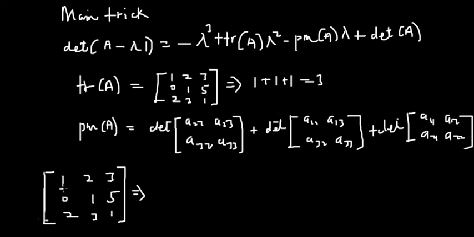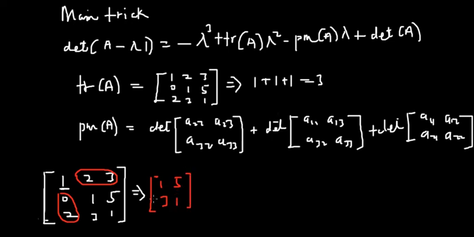So let's take 1 for example. When you take 1 as your reference point, anything below and beside 1 isn't included. So this is not included, this is also not included. That's taking 1 as a reference. So we have the determinant of 1 5 3 1.